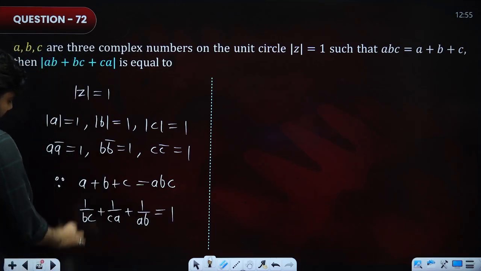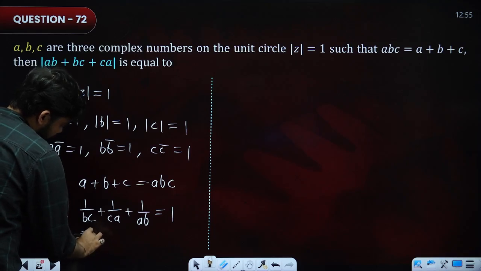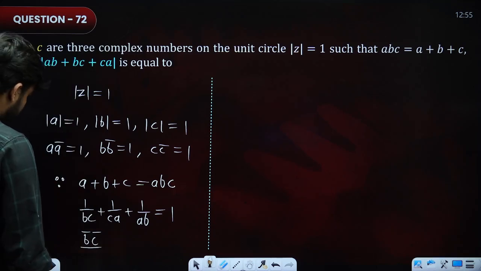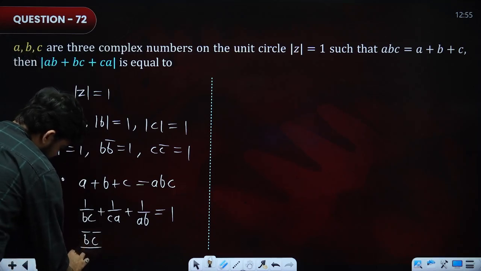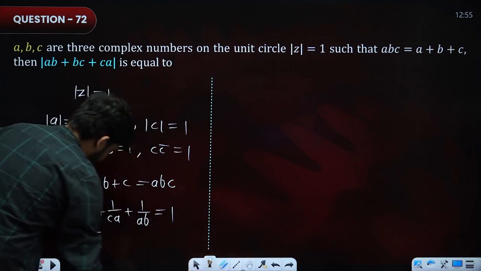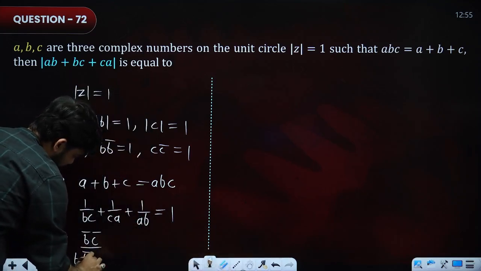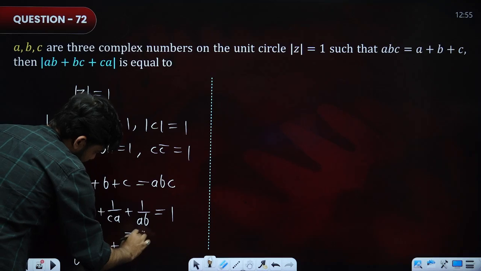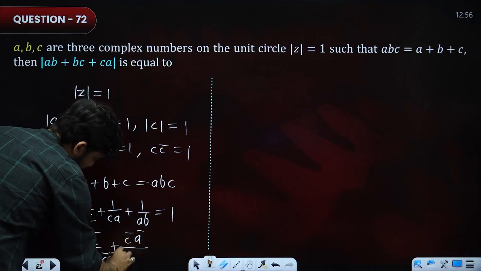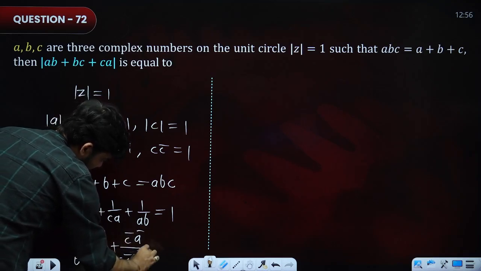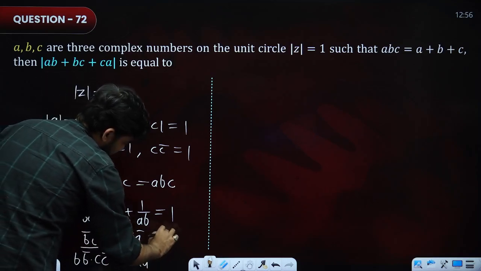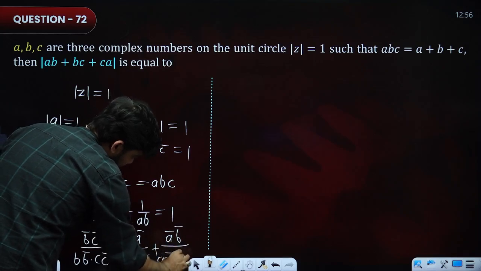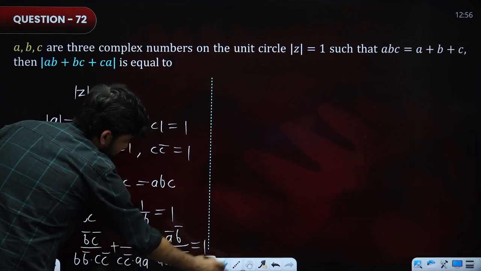Okay, if I multiply it with B bar C bar, okay, so we can write B into B bar into C into C bar plus C bar A bar upon C into C bar into A bar plus A bar B bar upon A bar into B bar, it is equal to 1.